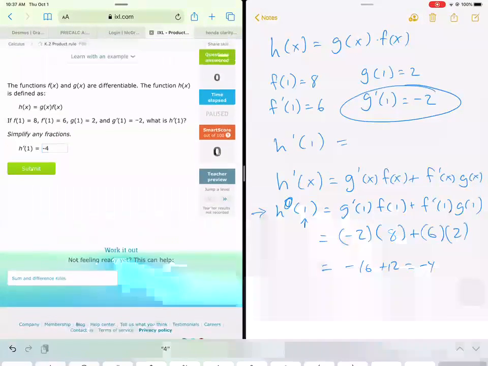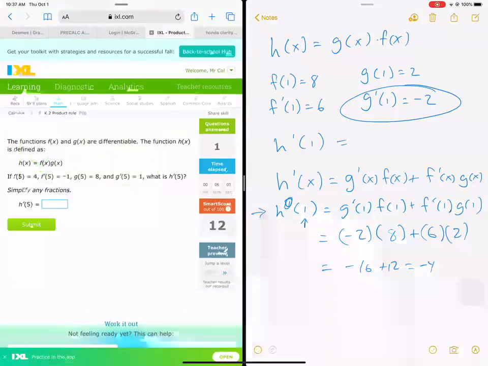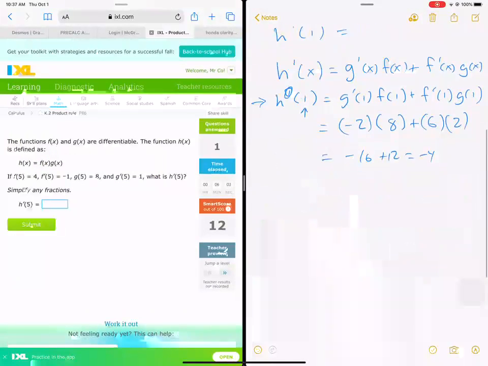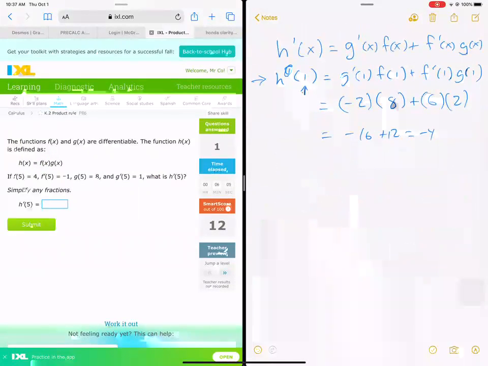Cross our fingers. Yeah. Now, to do this a little faster, we can just plug in the value, in this case, looking here. So you guys can see this. H prime at 5. Okay, what is h? H is our product rule. So let's just write the product rule with 5 in there.